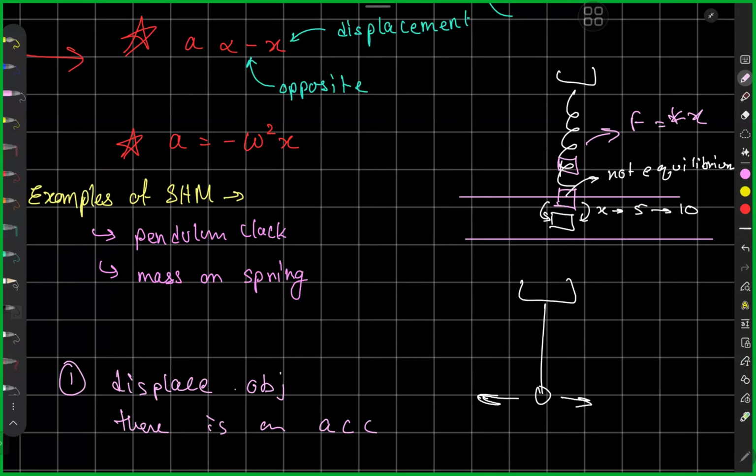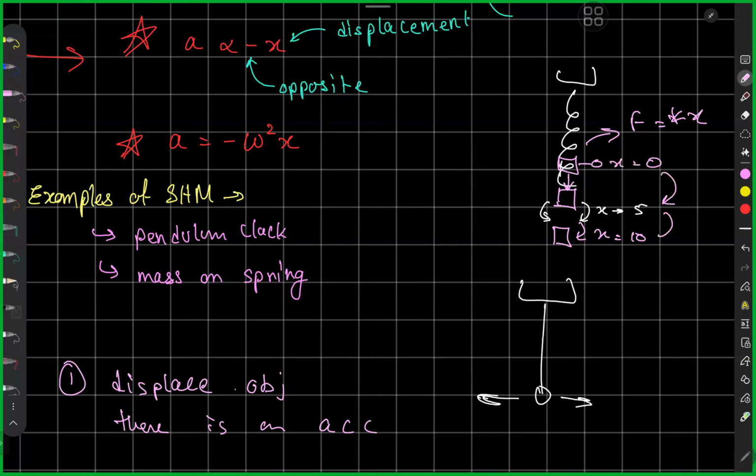So I have displaced from 0 centimeters, which is the equilibrium, to 5, and then to 10. Got it? This is the equilibrium position, and I have extended the spring to a position of 5 centimeters. And now I'm further extending it to x is equals to 10. Got it? So x is equals to 0 to 5 to 10.